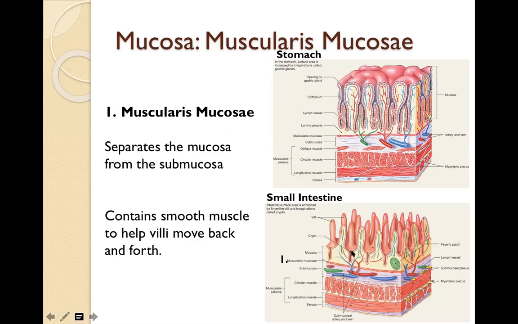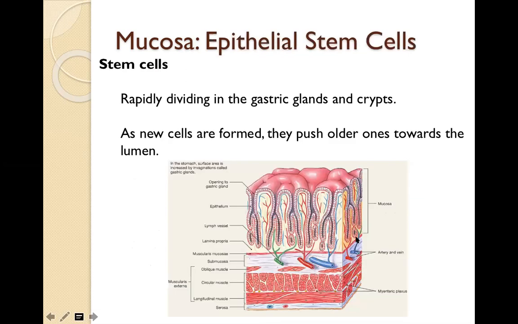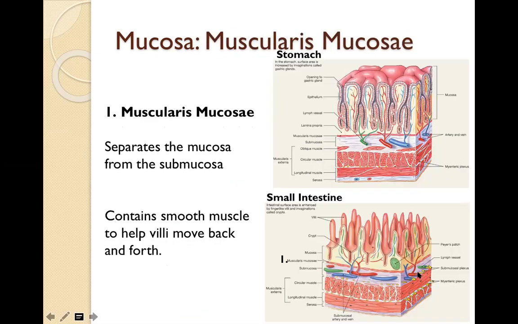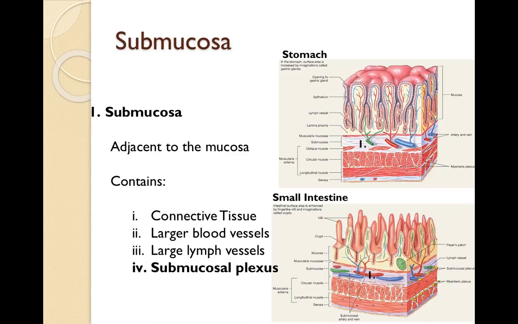It helps the little tiny folds of the small intestine, those villi that we talked about a couple slides ago. Let's see, where are they? Those villi. It helps those villi move back and forth to really increase the chance that those villi will come into contact with the right molecules, allowing for an increased digestive surface and increased absorptive surface.